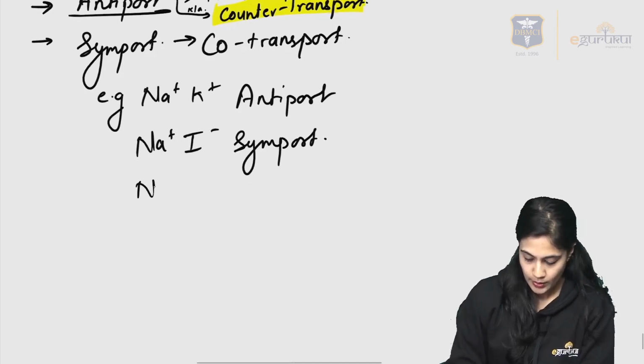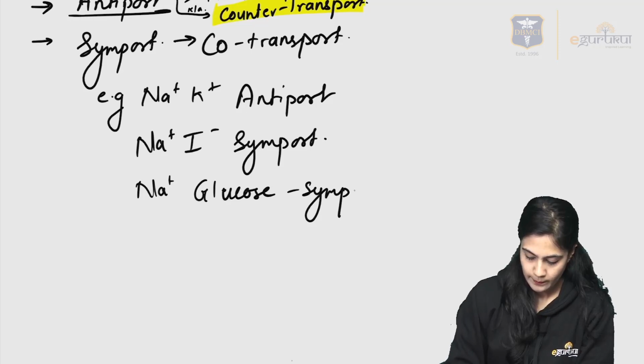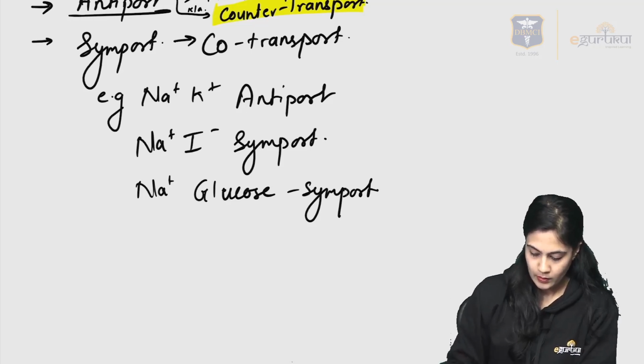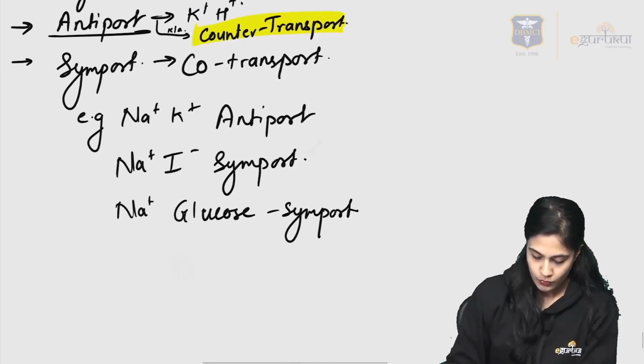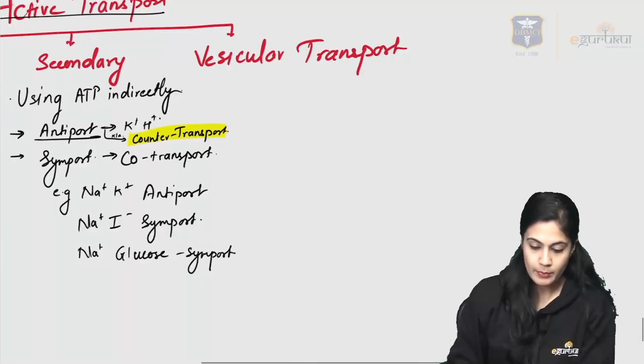Sodium glucose symport, and so on and so forth, right. So these are some examples of secondary active transport.